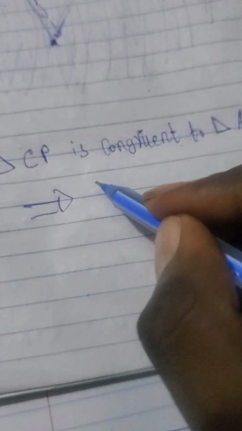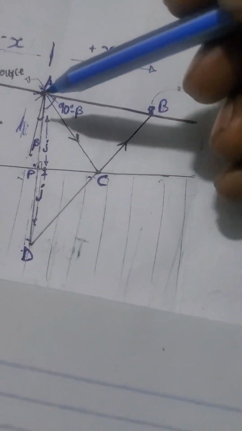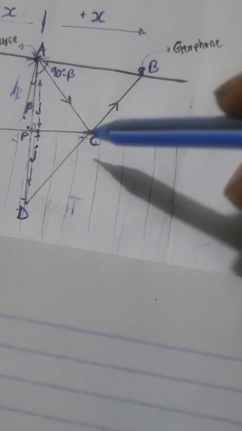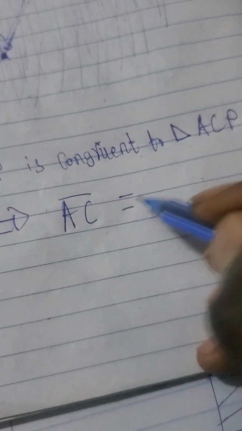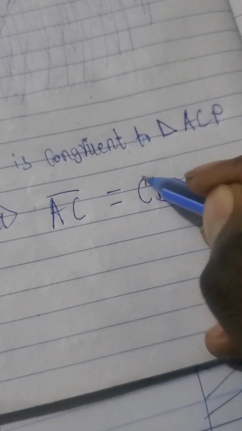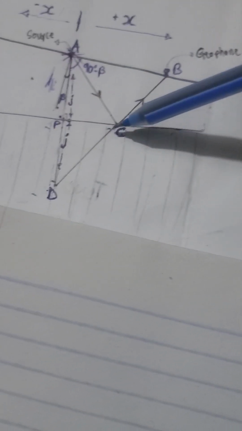These two triangles are congruent, and therefore length AC is the same as length CD. So AC is equal to DC.